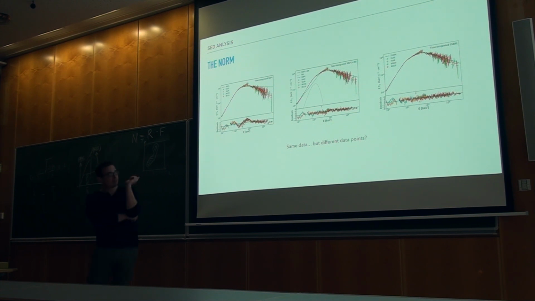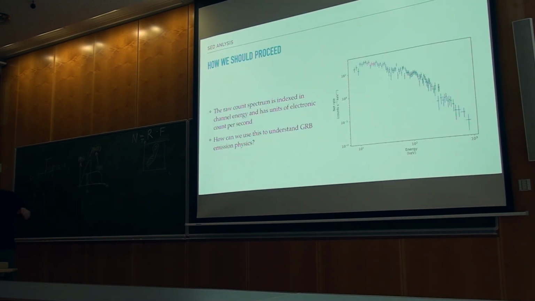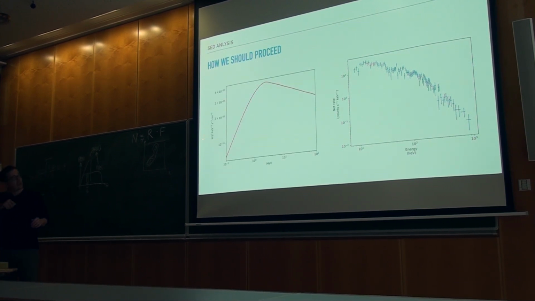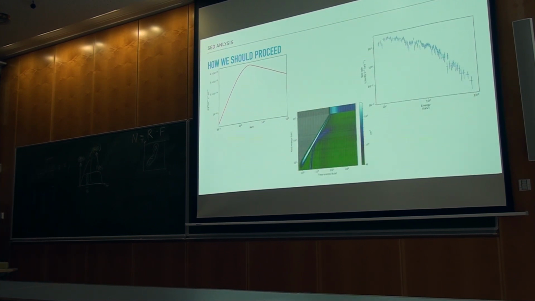In fact, let's go back through real quick on what's going on when we do a spectral fit. This is our data, and this is the model that we want to fit to that data. And when we do that, we have to fold through this response. This is GBM, so it's a much broader response, with a pretty wide bandpass.